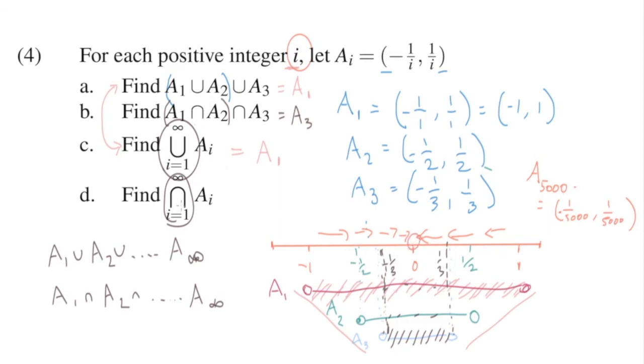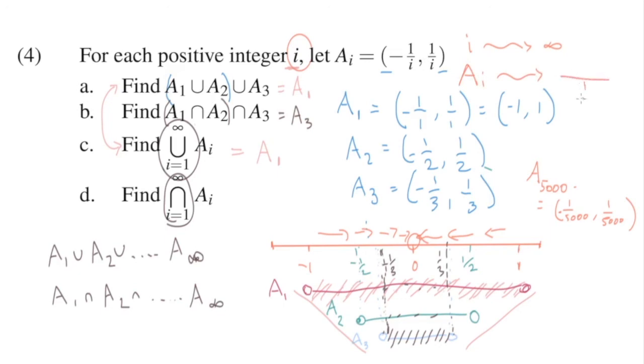So the intersection of all those intervals, all the way up to infinity, will be the only number which is contained within all of those intervals. As I gets closer and closer to infinity, the interval A of I gets closer and closer to wrapping around 0.